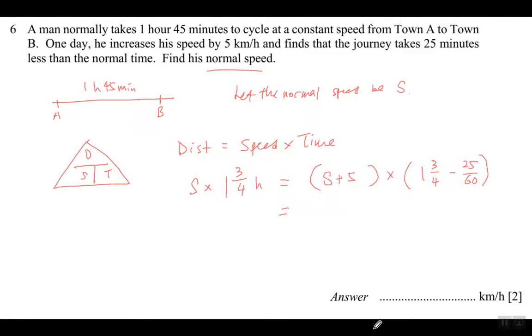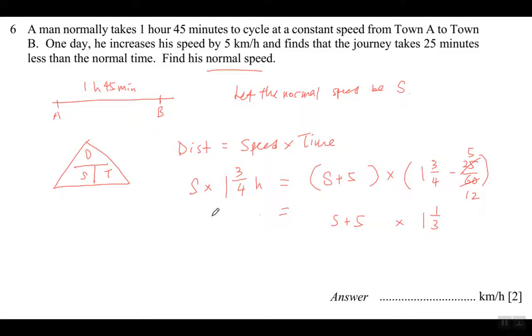Right, so let's crack this. 25 over 60 is 5 over 12. So 1 3/4 minus 5/12 is 1 and 1/3.